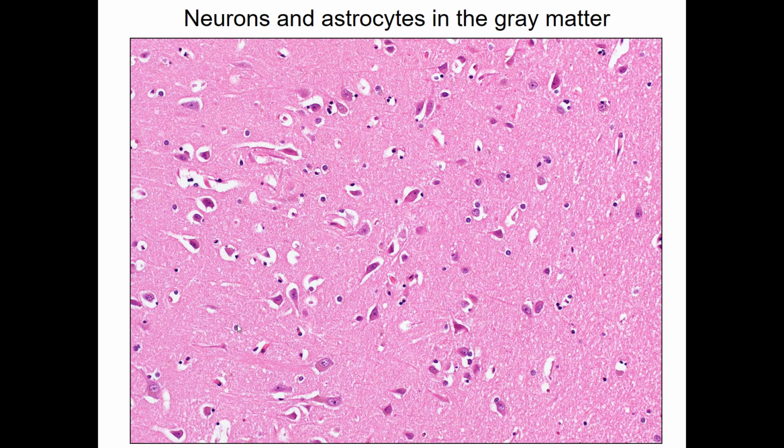And if we want to be sure which one is the astrocyte, which one is the interneuron, then we have to apply some special stain. For example, for astrocyte, the GFAP, the glial fibrillary acidic protein, or for interneurons, calbindin, for example, could be a useful marker to highlight them.